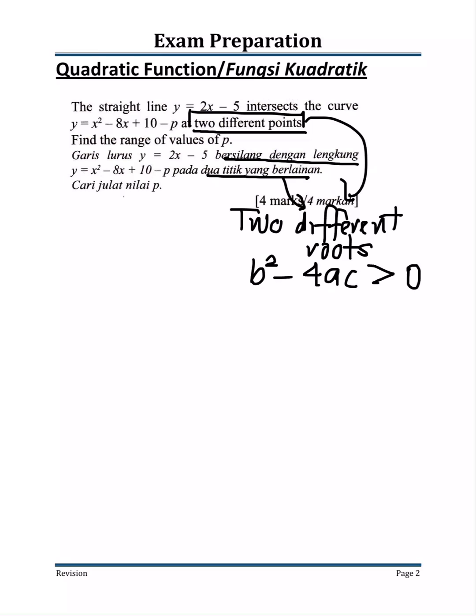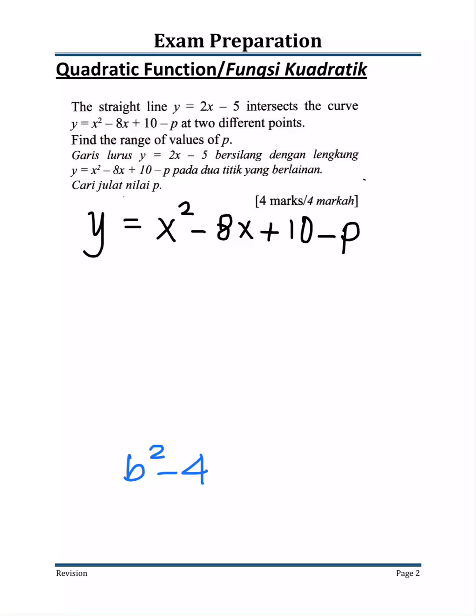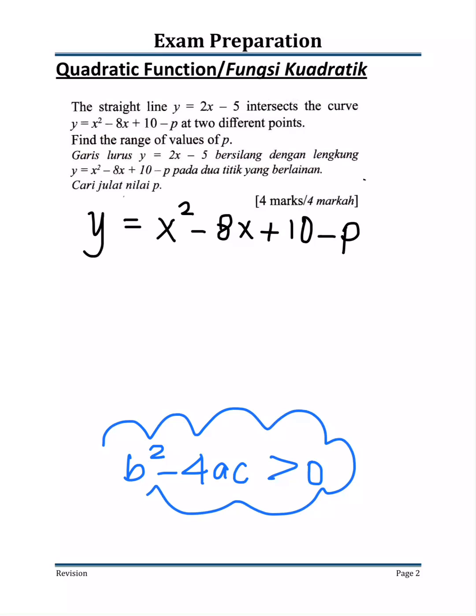Number 1. Next step would be, I nampak my quadratic yang diberi oleh soalan adalah y = x squared minus 8x plus 10 minus p. So, I cannot use the formula. Kenapa? Formula b squared minus 4ac yang lebih besar atau sama dengan atau lebih kecil kosong hanya akan berfungsi.